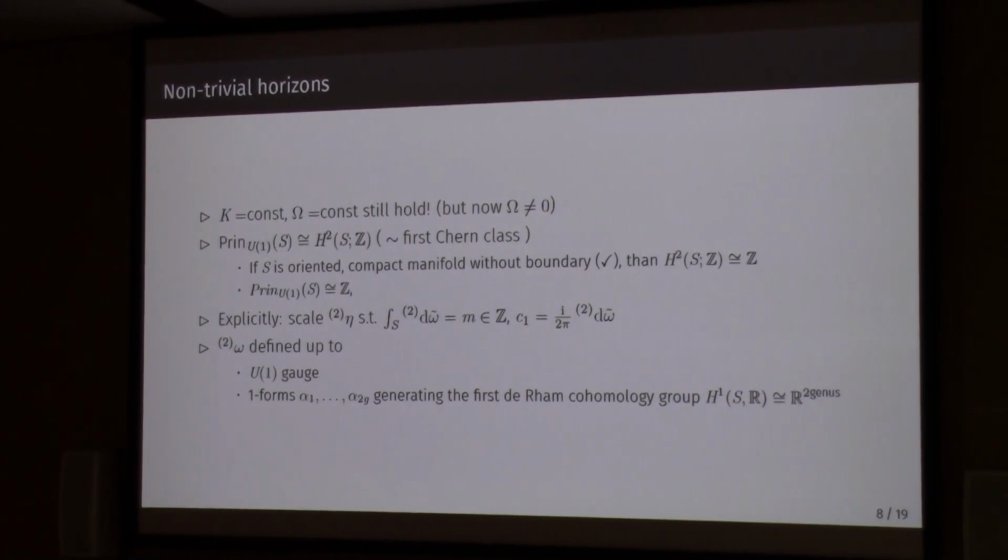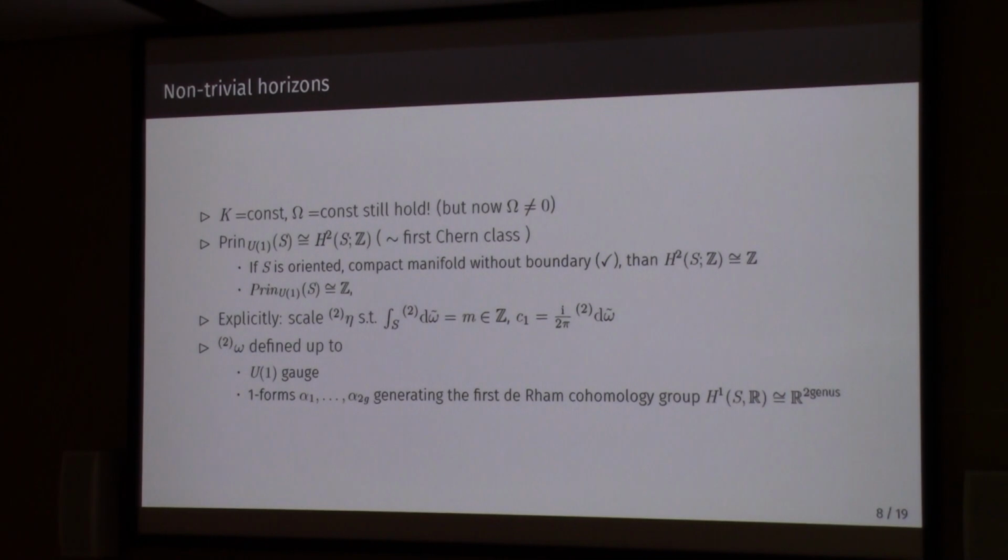So a question arises about how many such horizons or bundles we can construct, and those are some very well-known results in the theory of principal bundles, that the classes of isomorphism of these U(1) bundles over any surface S is just essentially the first Chern class.